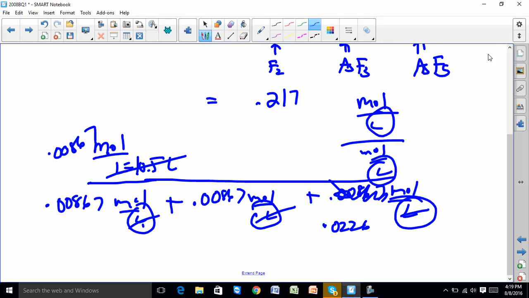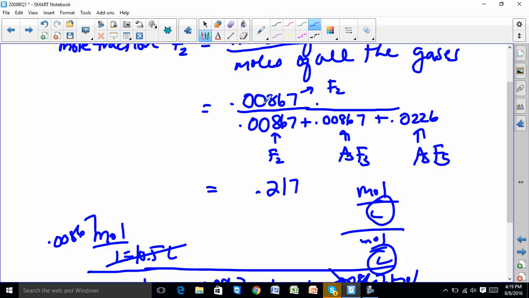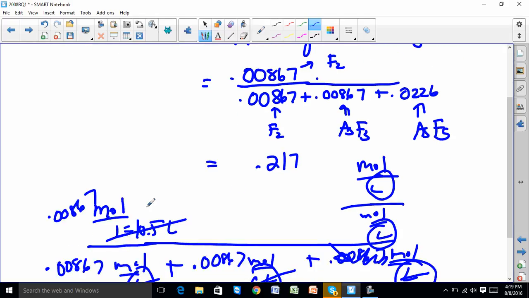Obviously, the moles aren't the same. 0.00867 is not the same as all these together. But this ends up canceling this, and basically what happens is the unit moles is going to cancel moles because everything's in the same exact shaped container. The way that ratios work is it's going to cancel. And so the ratio of the molarity is the ratio of the moles.